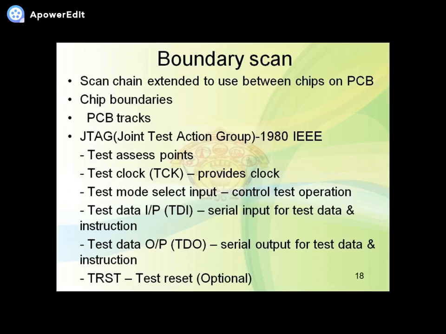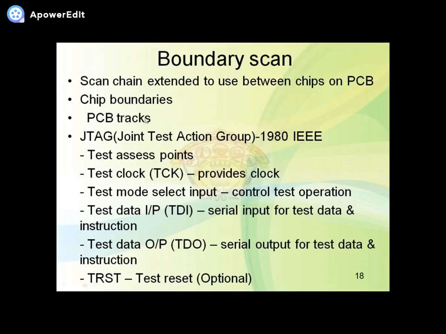The test equipment can verify all the faults, which may be in between the chips, that is, package pins or PCB tracks. We can detect the various faults. For this, we have to generate different kinds of test vectors. This boundary scan technique is very successful for PCB design.